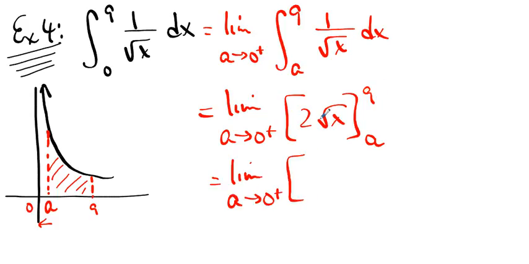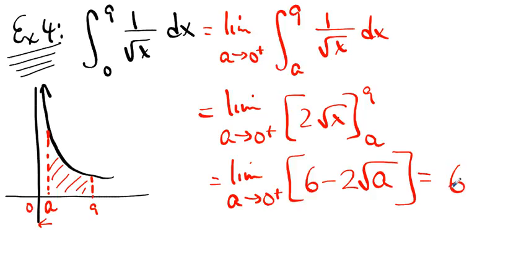Well, we sub in the 9, and we sub in the a, and we see what happens as a gets closer and closer to 0 from the right. That's 6. This whole area that is unbounded this way is 6. It can be made as close to 6 as you like just by taking things a little closer.